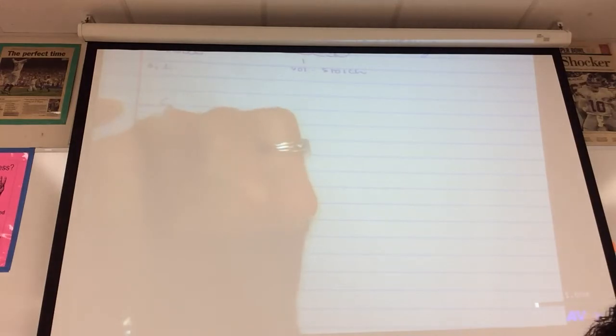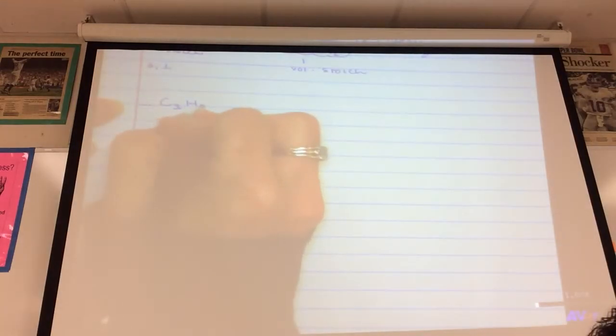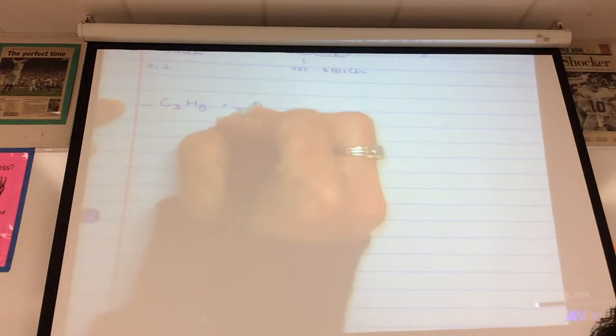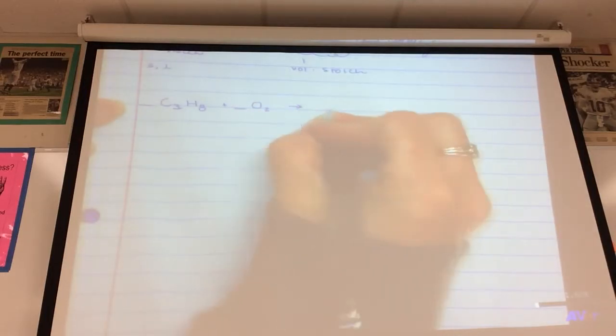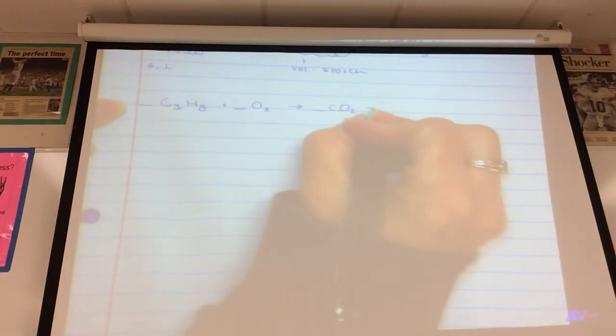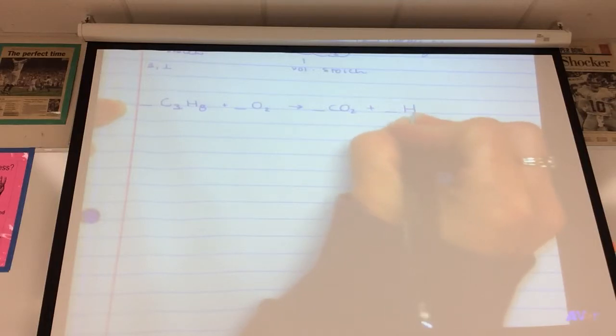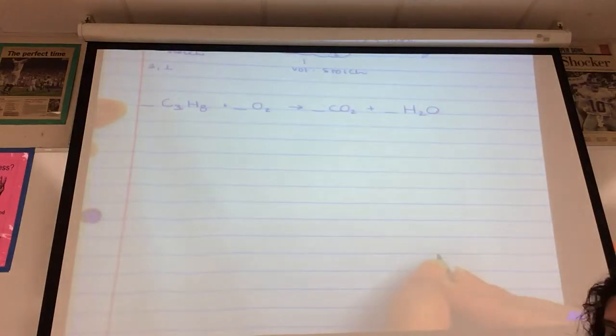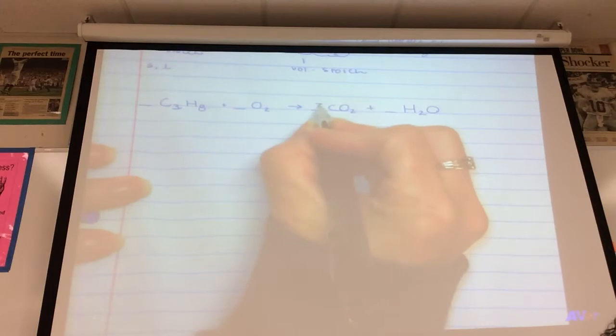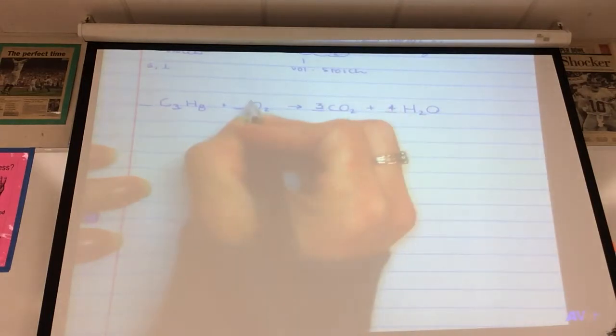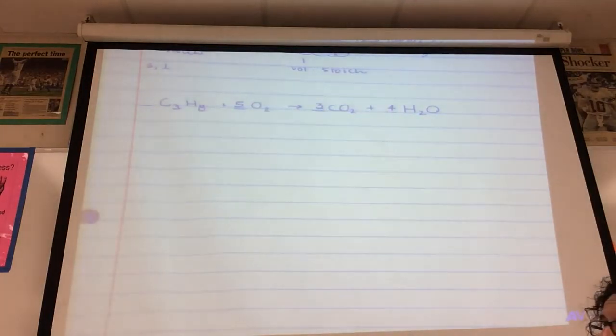So we've got propane reacting with oxygen gas, yielding CO2 and water. You should be able to balance chemical equations with ease.